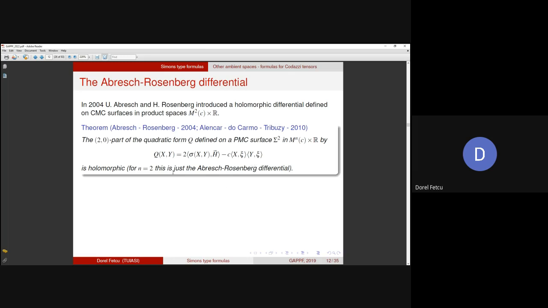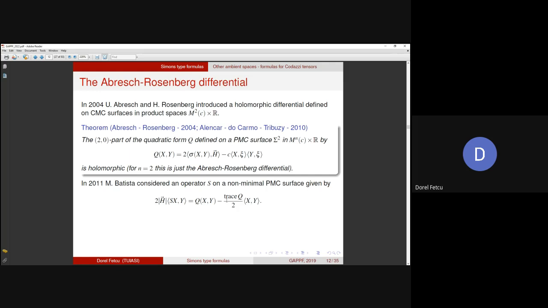In the case when n is equal to 2, we have the Abresch-Rosenberg differential, and we will still call this differential Abresch-Rosenberg differential when the dimension of the space form is greater than 2. So in 2011, Marcio Batista considered an operator S on a non-minimal PMC surface given by this formula.